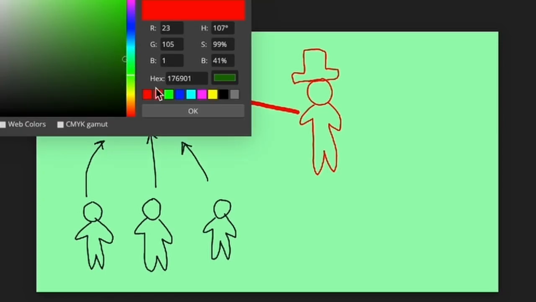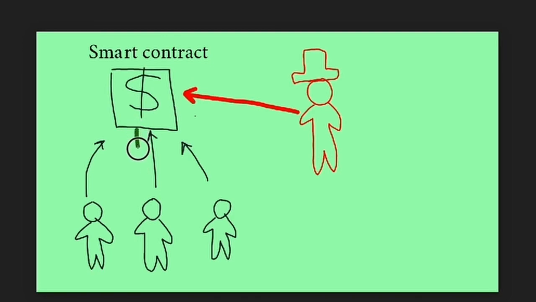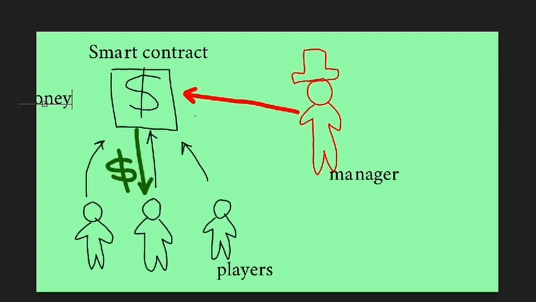It will only trigger a function that will randomly choose one of the players, and it will send the money to this lucky winner. We will call this list of people players, and the account that owns the contract and triggers the payment we will call manager. We will see that the contract has a balance, so we don't need a special variable to hold the amount of money.